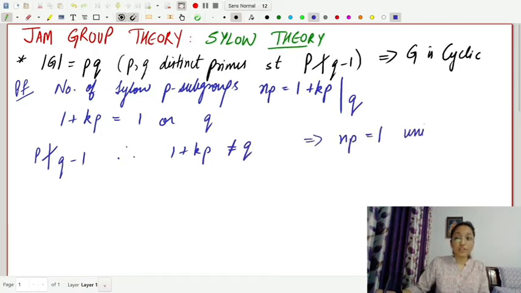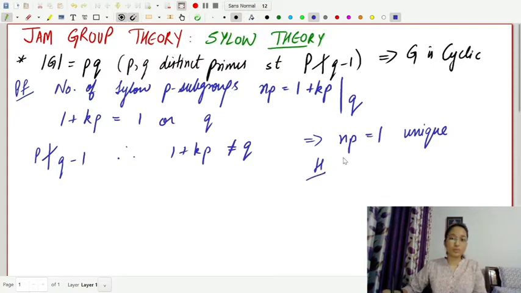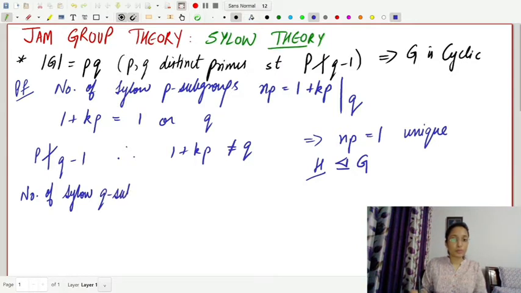We have a unique Sylow P subgroup, and hence if we say H to be the Sylow P subgroup, then H is normal in G. Now let's count the number of Sylow Q subgroups of G.